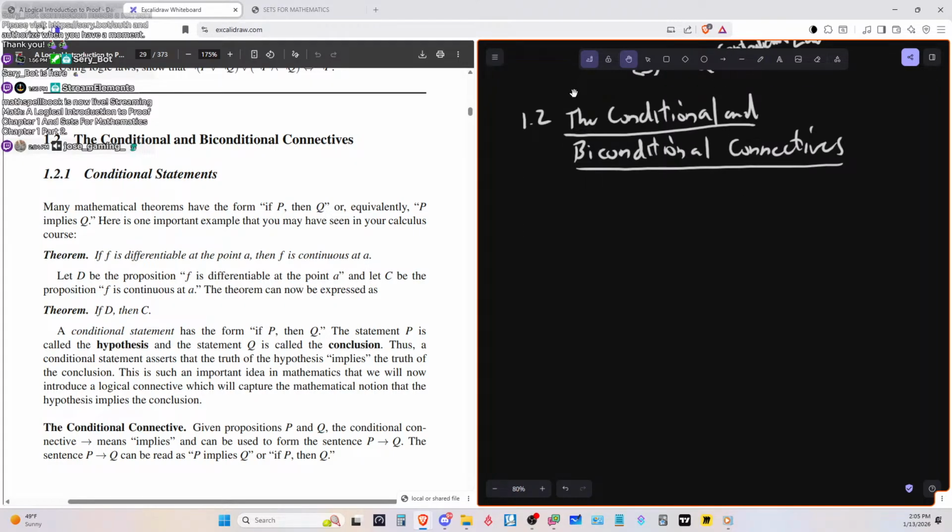Let's see, many mathematical theorems have the form if P then Q, or equivalently P implies Q. Here's one of the important examples that you may have seen in your calculus course.